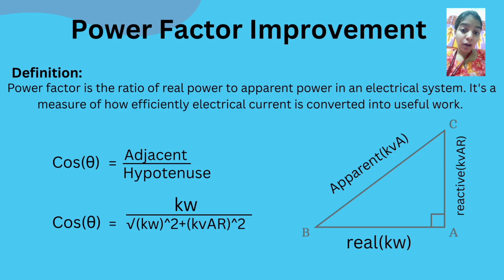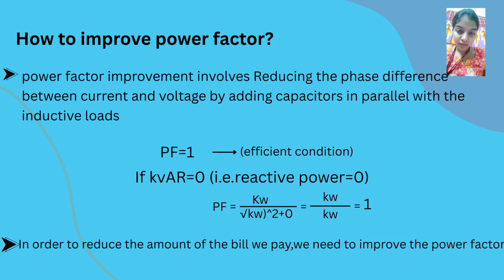And next, how to improve the power factor. Power factor improvement involves reducing the phase difference between the current and the voltage by adding a capacitor in parallel with the inductive loads. When the power factor equals 1, it means it is in the efficient condition.